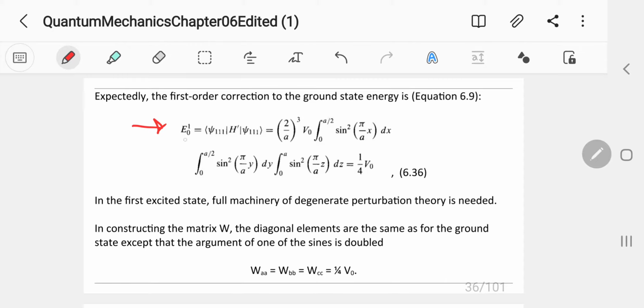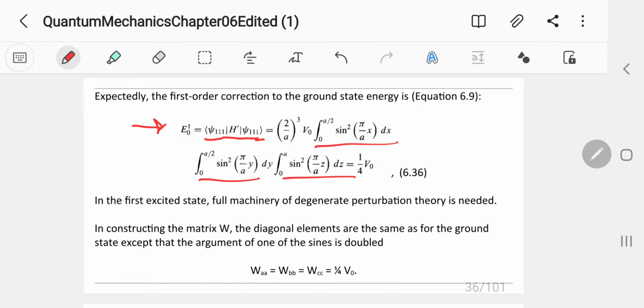So you have here E01, which is just given by this inner product, and using the wave function that we've seen in the previous slides, then we can get the correction, which is just 1/4 of V0. So here these terms you have to integrate with respect to z, y, and x.